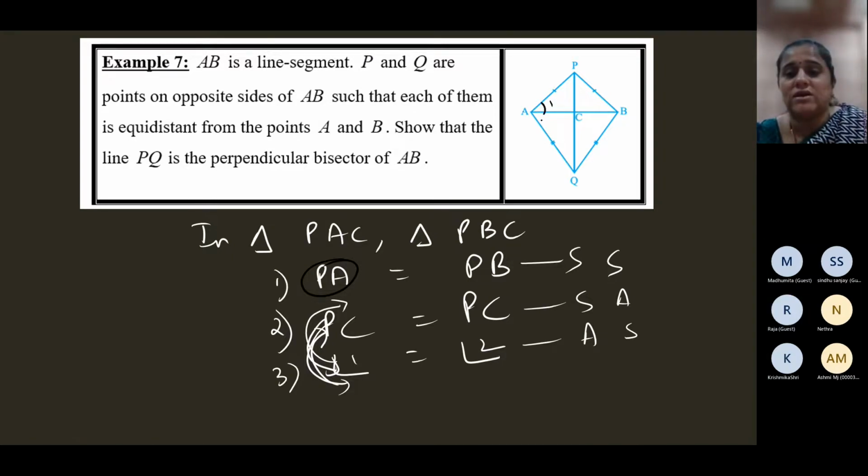This is angle 1. These are the arms of the angle. But we haven't mentioned about AC here. See here, it's about PA and PC. And for angle 2, which are the arms? BC and PB. PB is there, but BC is not here. We have PC.